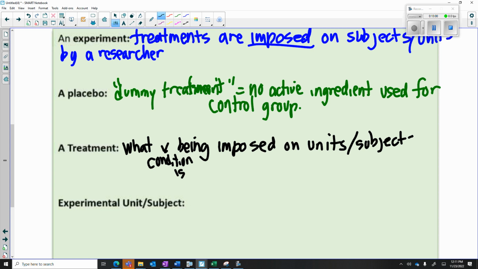Now if the experimental unit is a person, we call them a subject. And if it's not a person, if it's an animal or a plant, we just call it a unit. So it's who or what is being experimented on.